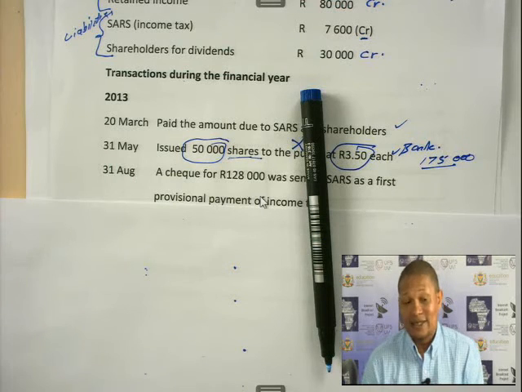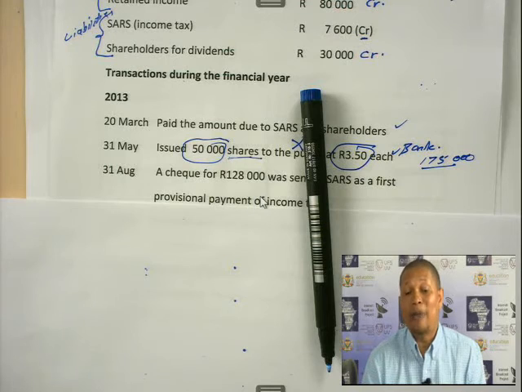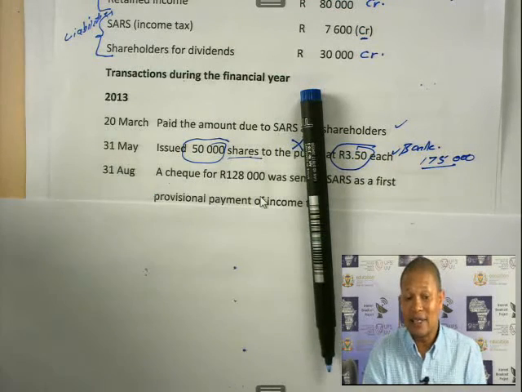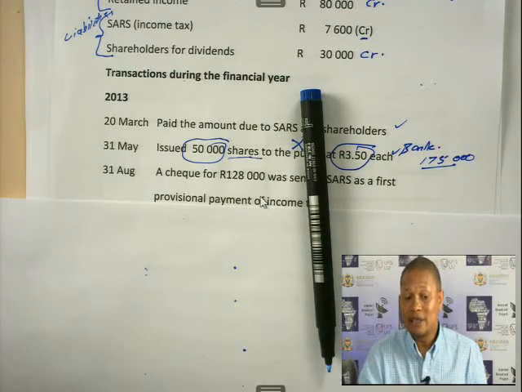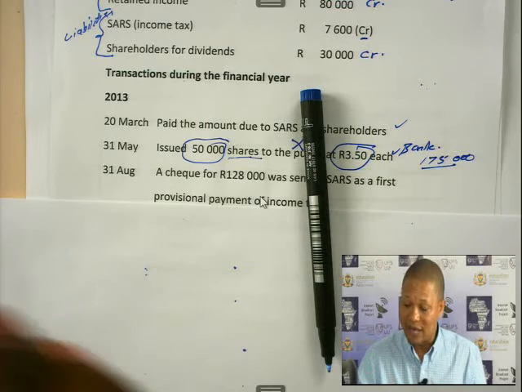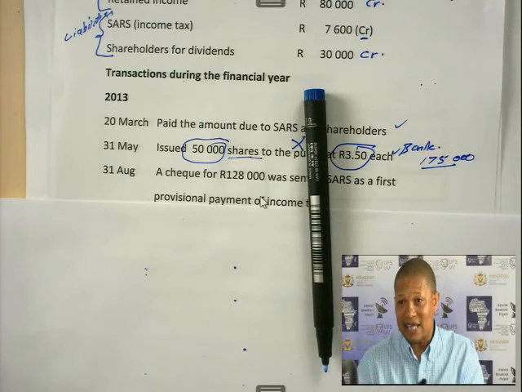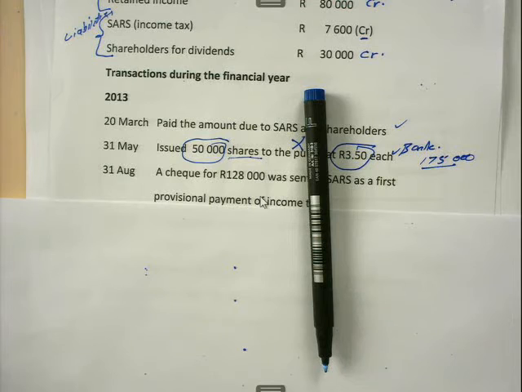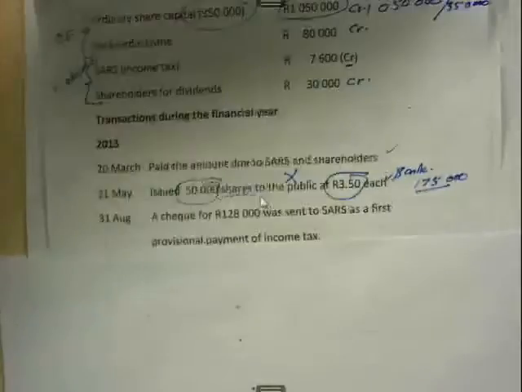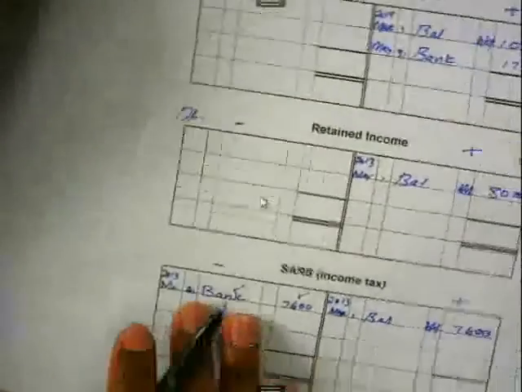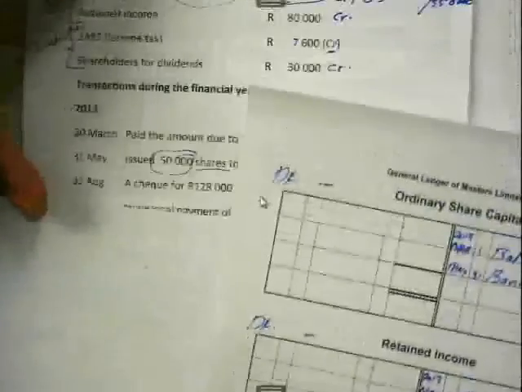In essence, what you are saying is that you are paying income tax in advance, right? Remember, we said the tax is a liability. To decrease it, you make an entry on the debit side. Therefore, we go to our SARS income tax account, and then we said it was on the 31st of August.